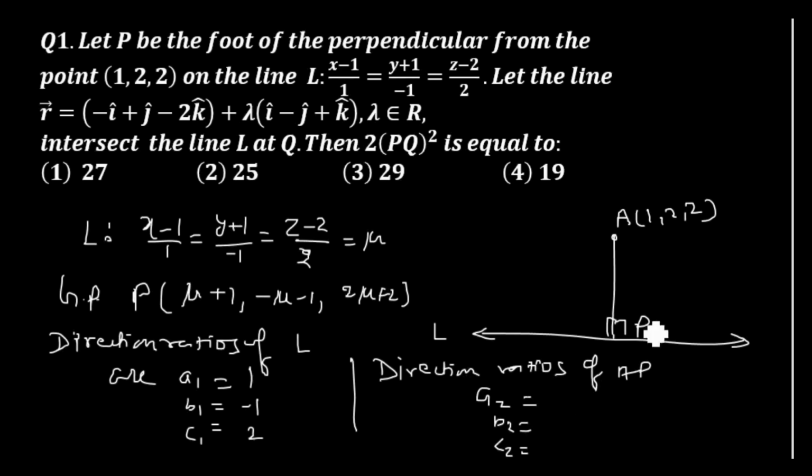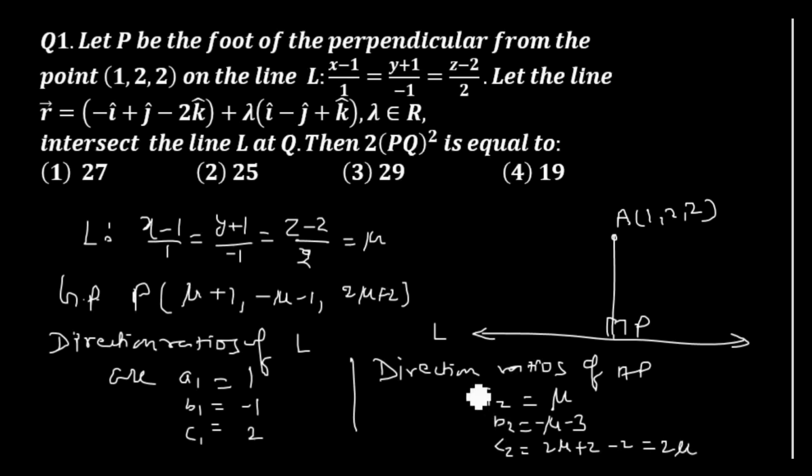So A2 will be mu plus 1 minus 1, so that is mu. And minus mu minus 1 minus 2, so that is minus mu minus 3, and 2 mu plus 2 minus 2, so this is 2 mu.